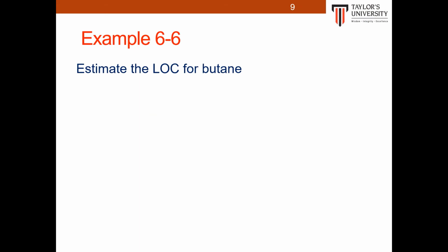First, let us look at an example to calculate the LOC. Estimate the LOC for butane, which is C4H10. Let's say this is a combustion reaction, meaning we add O2 and it produces CO2 plus some amount of H2O.